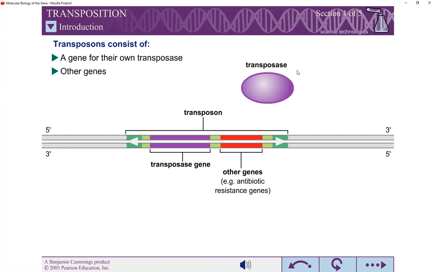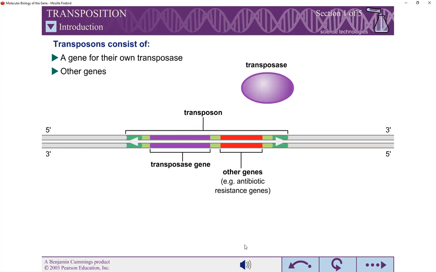Along with the transposase protein, there are other protein coding genes which are also present, and those are the antibiotic resistance genes. So along with the transposase gene, there are other protein coding genes called antibiotic resistance genes, which are also associated with the transposons. Okay.